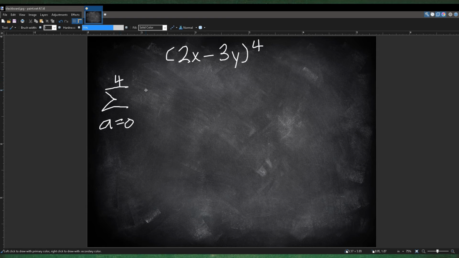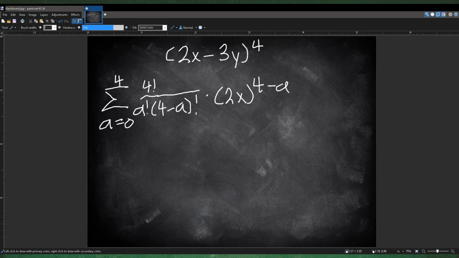And then you have 4 factorial, all over a factorial times 4 minus a factorial, times 2x, because that's the first term, to the power of 4 minus a, times negative 3y, to the power of a.